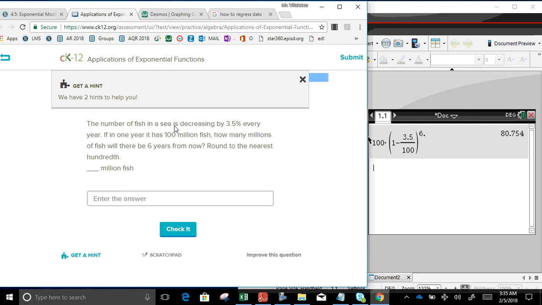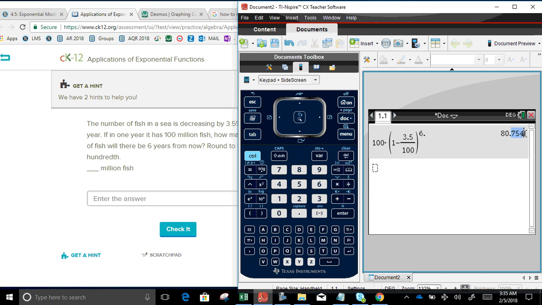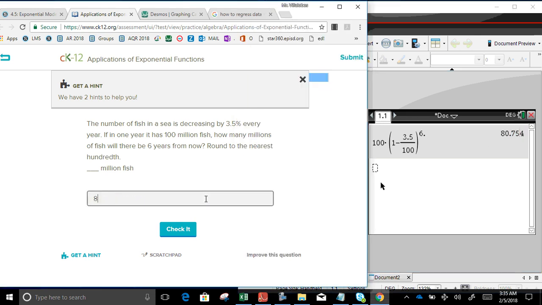Let's see, it is increasing by 3% every year. In 1 year it has 100 million. How many millions of fish will there be in 6 years? Round to the nearest hundredth. That's 754. That makes this a 75. Okay. 80.75.